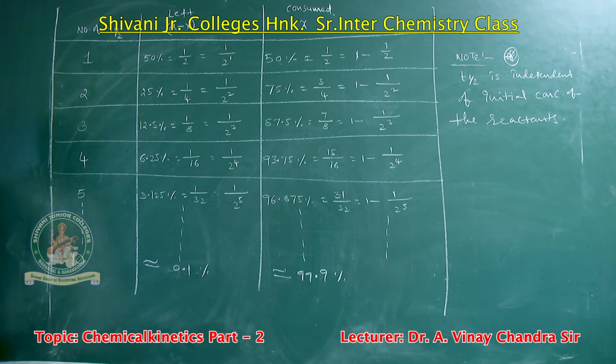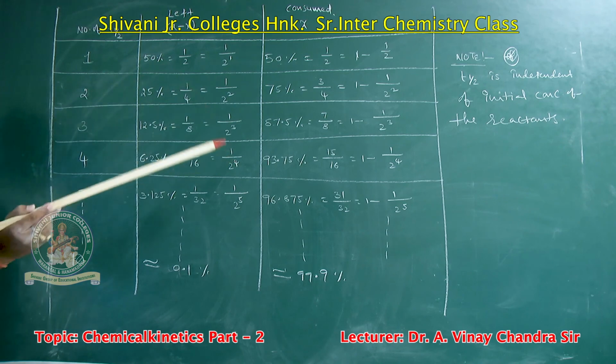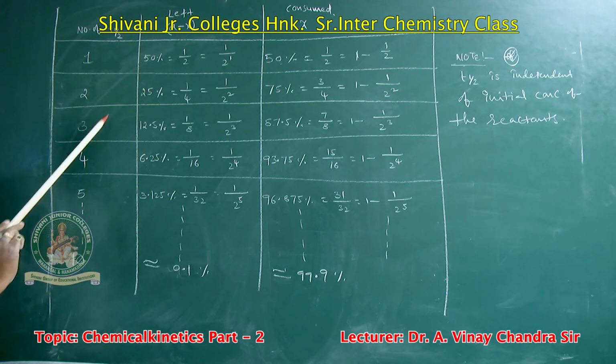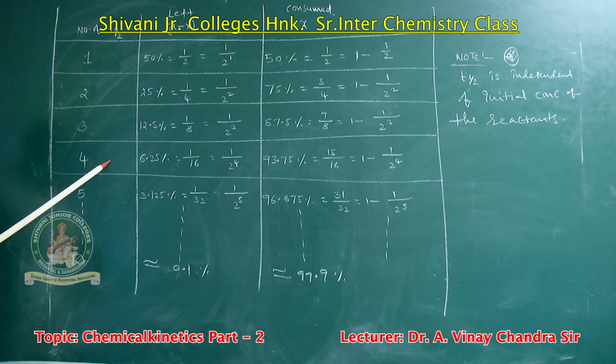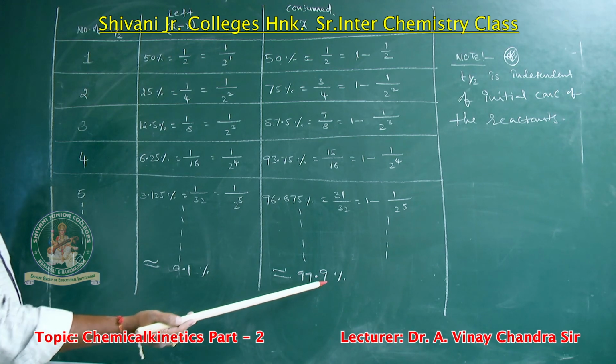For 1 half, 2 halves, 3 halves, 4 halves the leftover material is 50%, 25%, 12.5%, 6.25%, and the consumed material is 50%, 75%, 87.5%, 93.75%, and for 5 halves about 96%, and for 10 halves 99.99%.